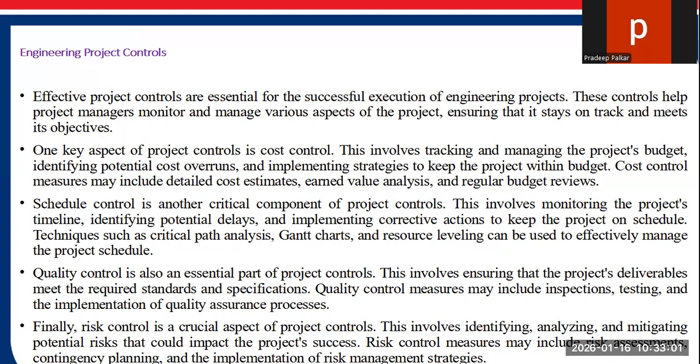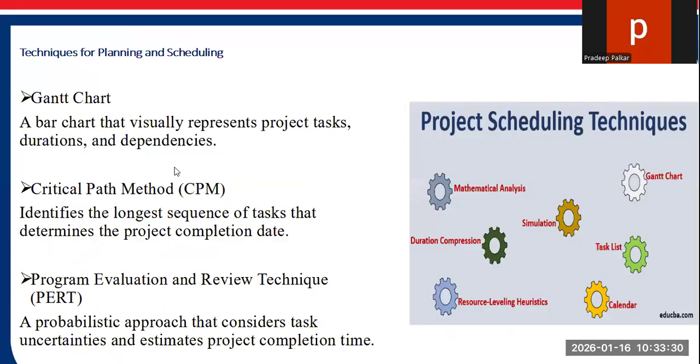The tools used are Gantt charts and CPM networks, which measure or identify the progress of the project. Then quality control, risk control, cost control, change control, and documentation control. These are the basic tools of project engineering control.